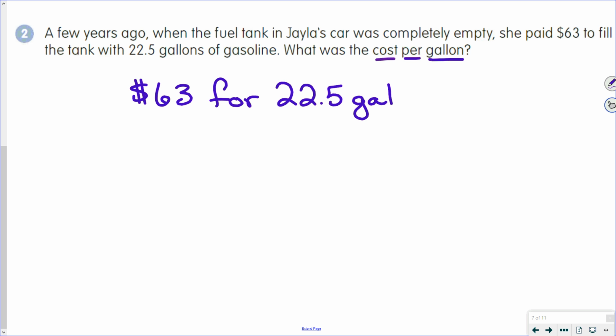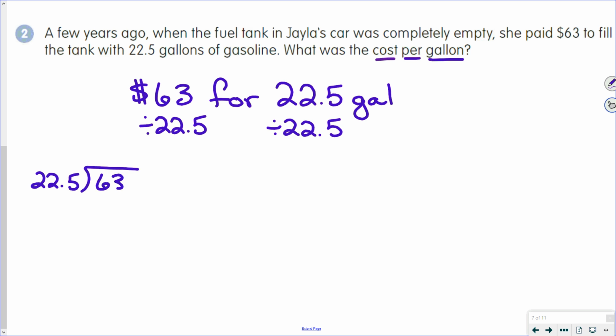So again, we want to divide that second number by itself, which means we divide the 63 by 22.5. Move the decimal point, move the decimal point.